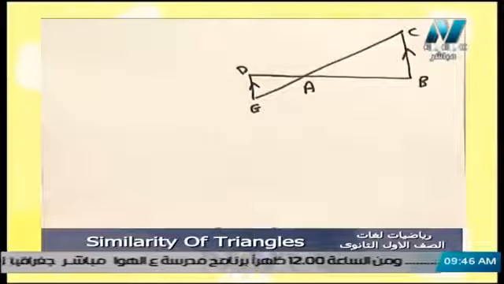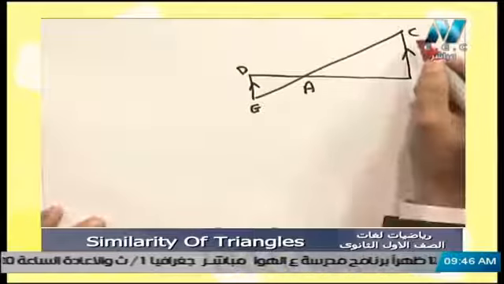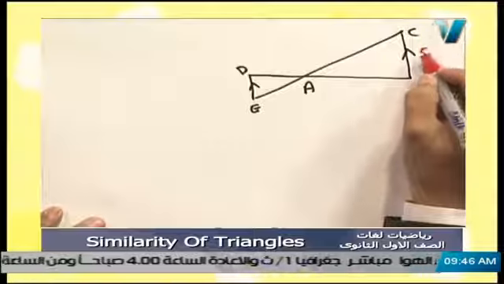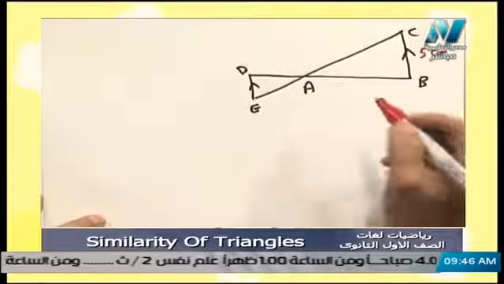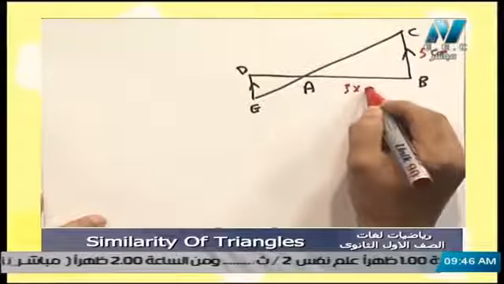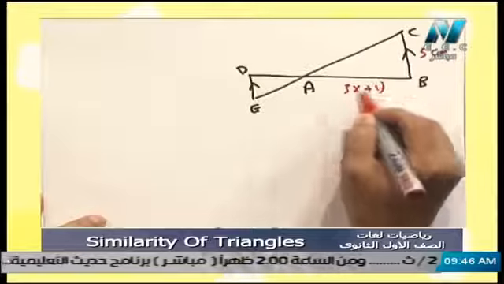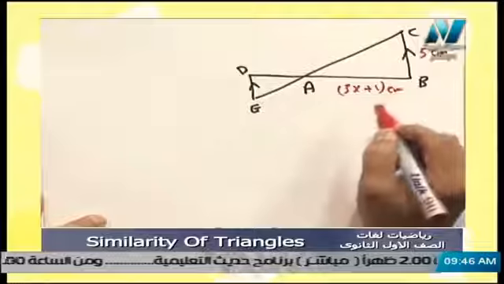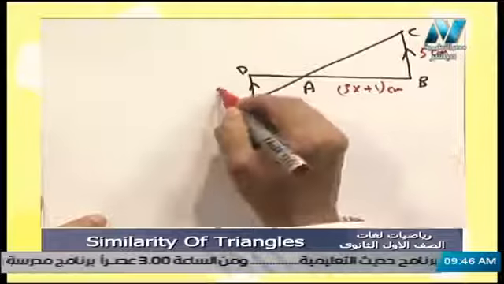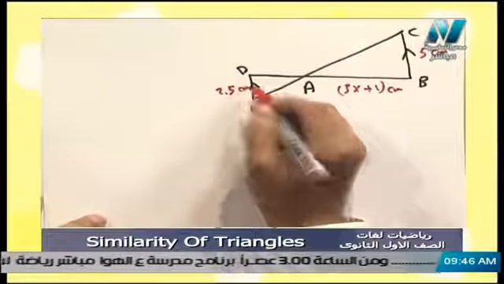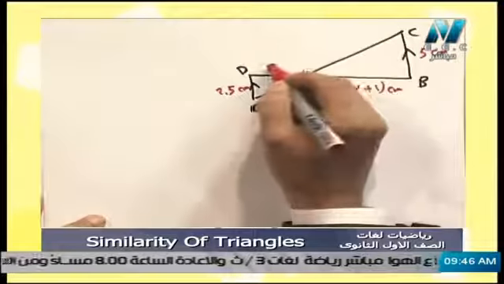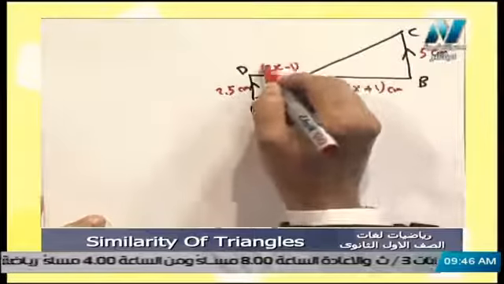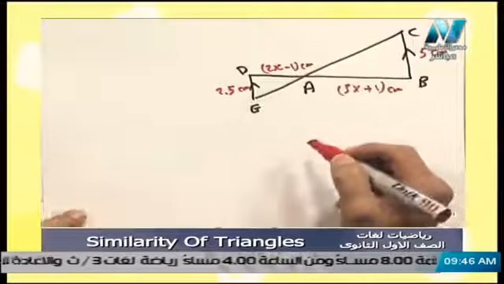The data: the length of CB equals 5 centimeters, and the length of AB equals 3x plus 1 centimeters, and this is 2.5 centimeters, and AD equals 2x minus 1 centimeters.